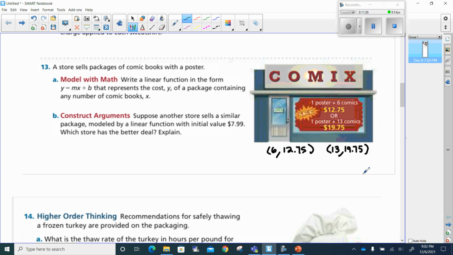Remember, we use the formula y2 minus y1 over x2 minus x1. If I do this, I'm going to take 19.75, that'll be y2. I'm going to minus 12.75.